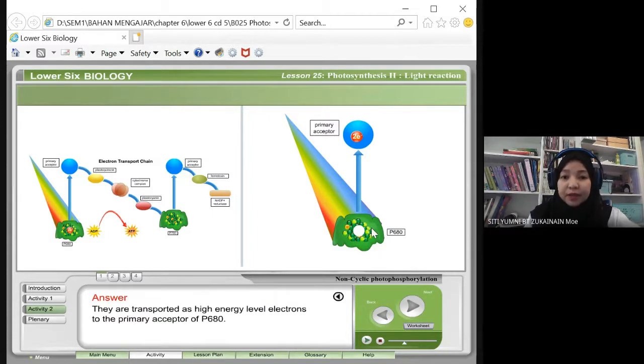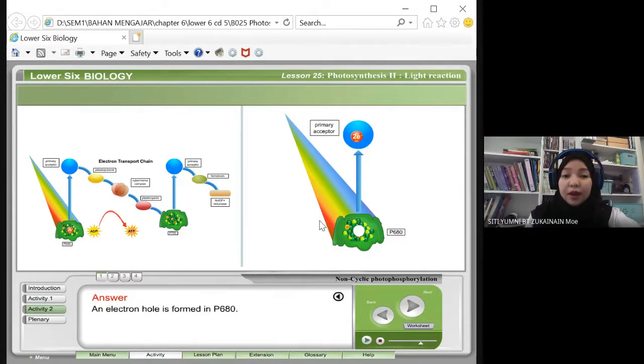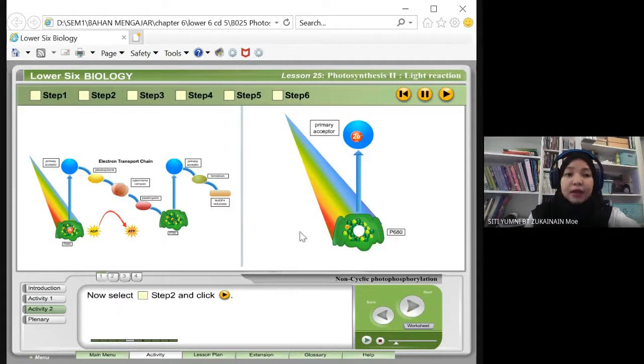They leave photosystem 2 and are transported as high energy level electrons to the primary acceptor of photosystem 2, P680. Now what happens to photosystem 2? An electron hole is formed in P680. Then what happens next?